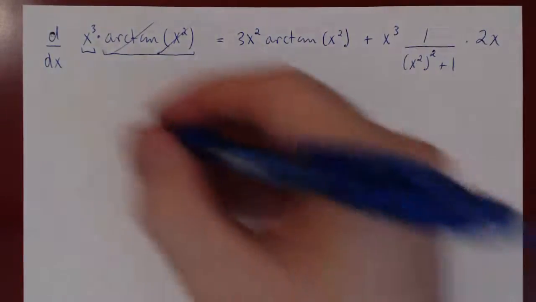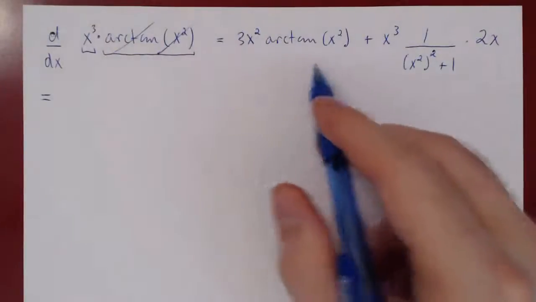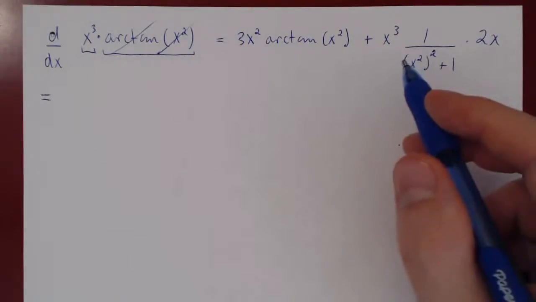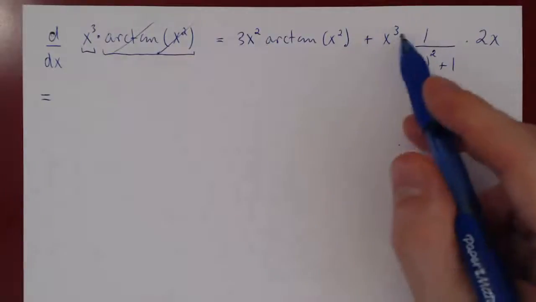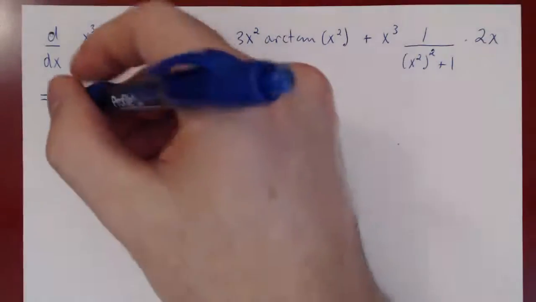Well, let's simplify the expression. We have a sum of two terms, and if you look, we have a common factor of x squared. There's 3 here, there's 2 here. We can factor out x squared.